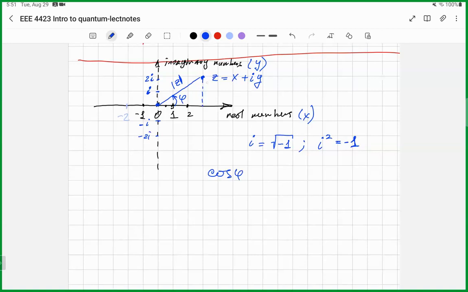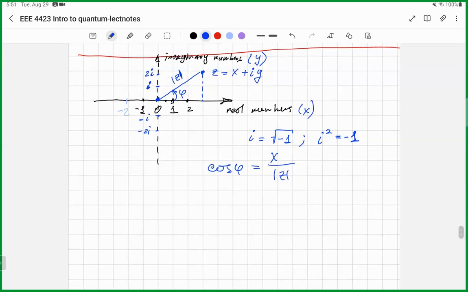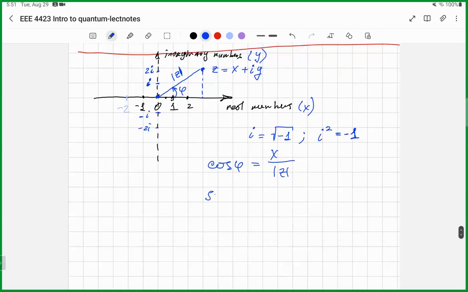It is the leg x in this right triangle over the hypotenuse, which is the modulus of z in this case. And the same way for sine phi, we get the leg y over the hypotenuse, the modulus of z.